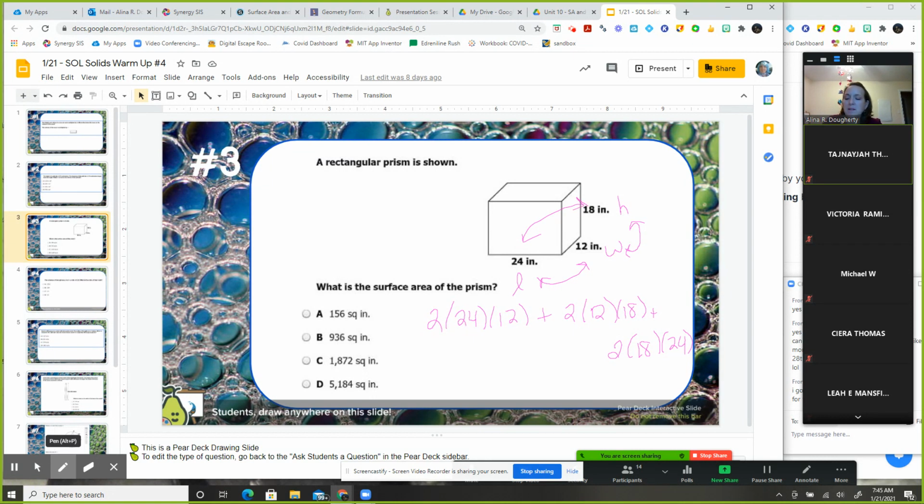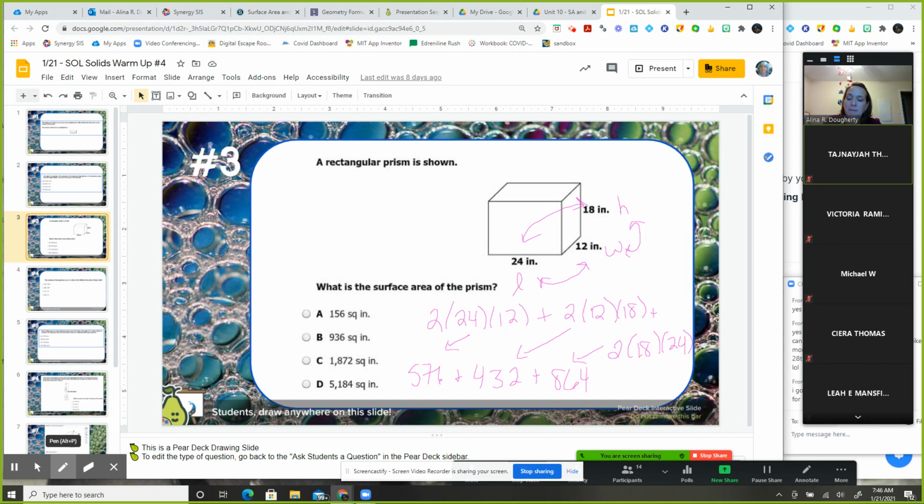So if we multiply all that together, 2 times 24 times 12, my first term is 576. 2 times 12 times 18. And then 2 times 18 times 24, 864. So first term, second term, third term.